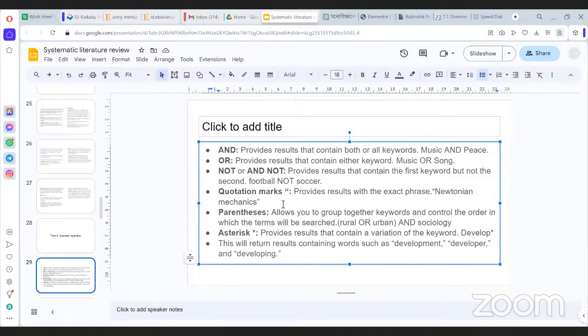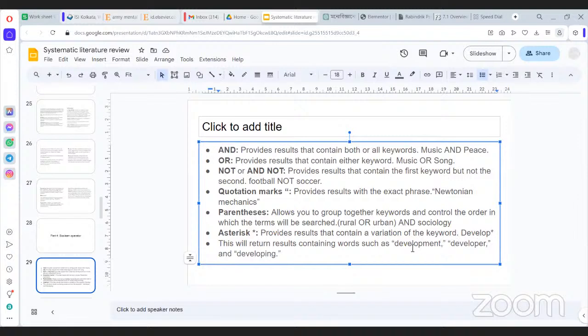Parentheses: here you can find (rural OR urban) AND sociology. Asterisks: here you can find develop*.